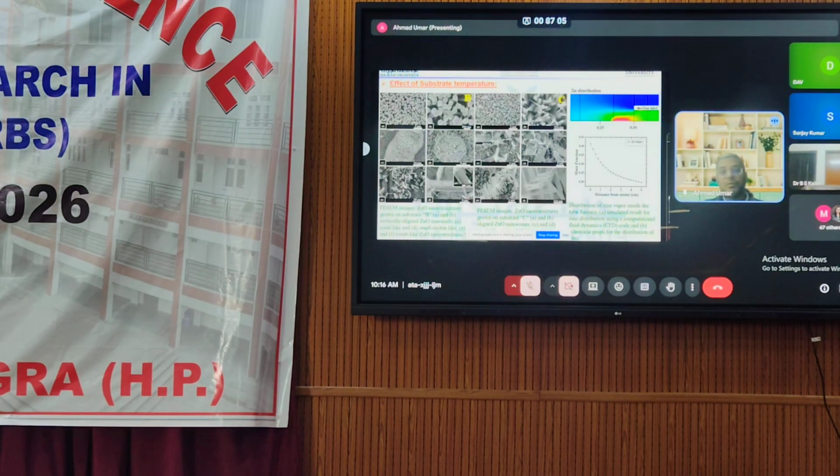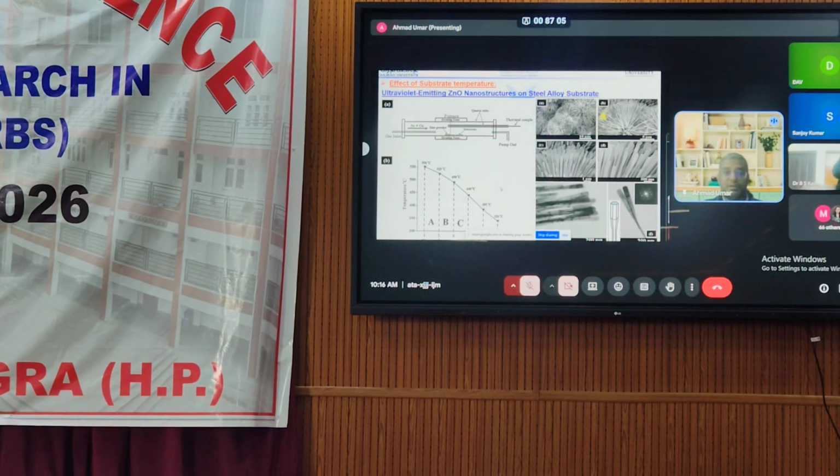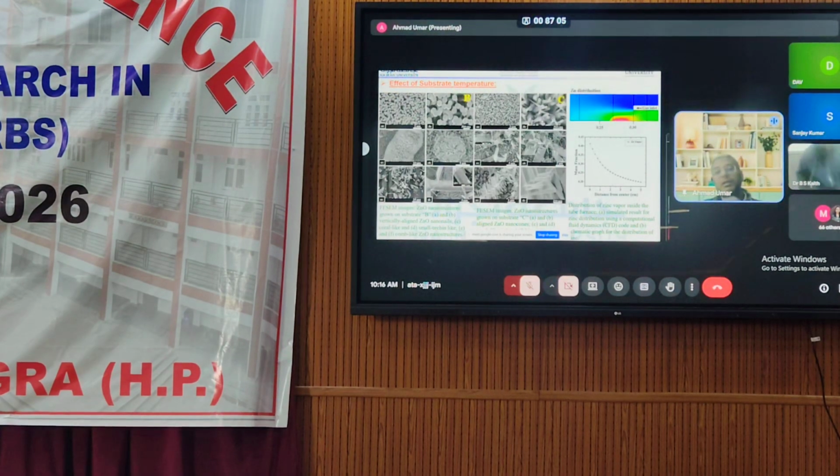When we go to temperature zone C, about 490 to 440 degrees centigrade, we also get a nail-like structure, but the structure is not as accurate as we see at position B.